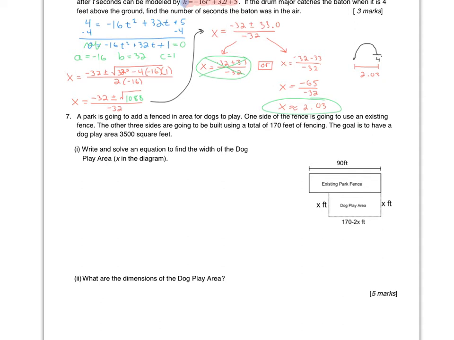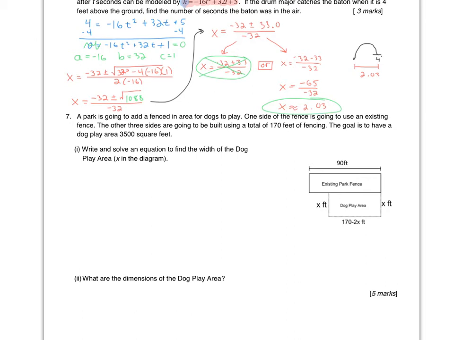One side of the fence is going to use an existing fence. You can see the existing park fence. They're just going to build onto that with that dashed line there, and that'll be the dog play area. The other three sides are going to be built using a total of 170 feet of fencing. And the goal is to make that dog play area 3,500 square feet.